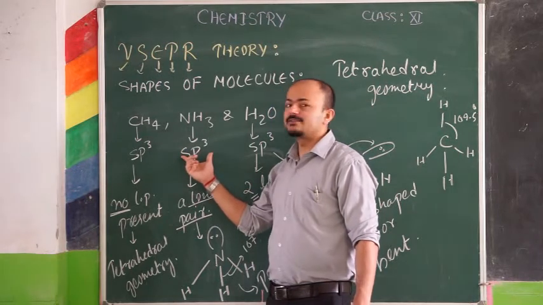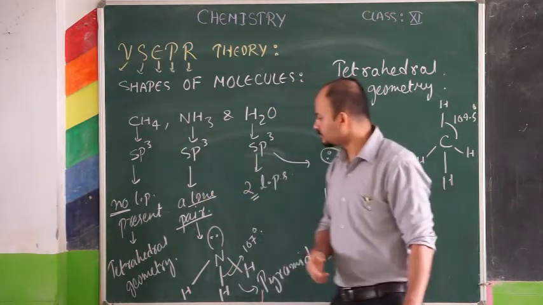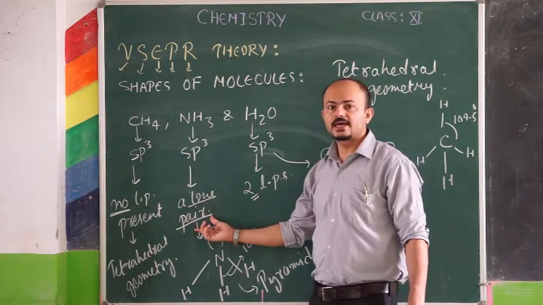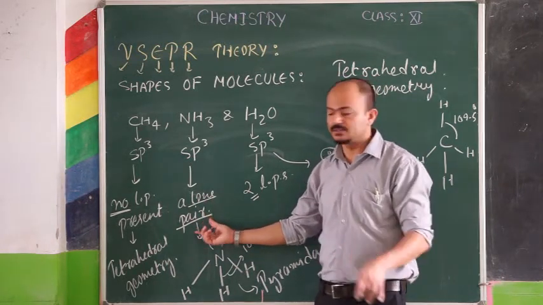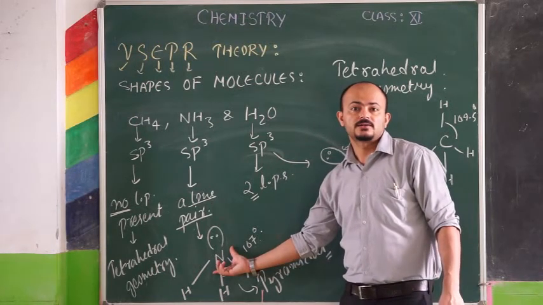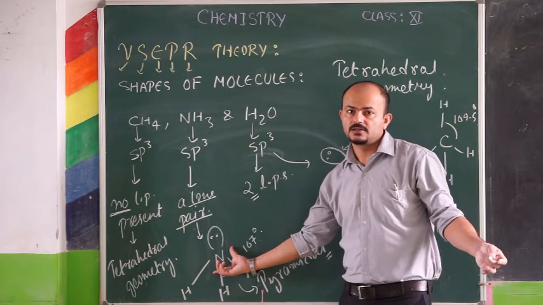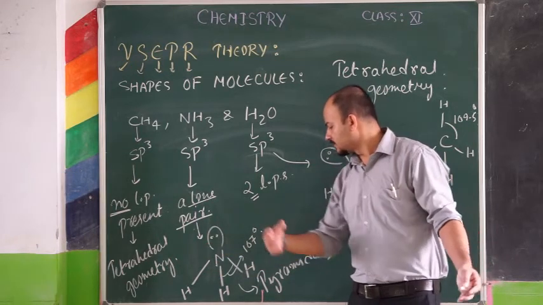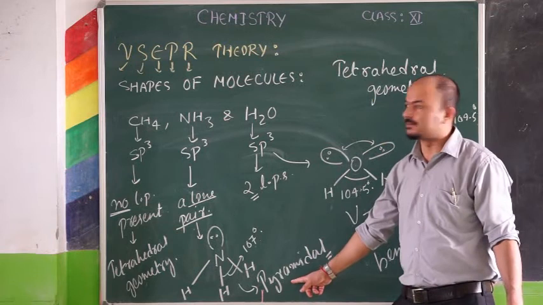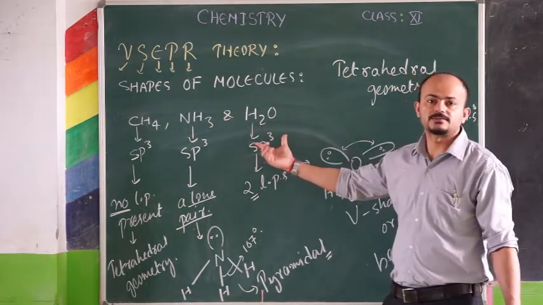Even though the hybridization of ammonia is sp3, a lone pair is present, and because of this lone pair it has deviated from its expected geometry, tetrahedral. Because of the lone pair, its geometry is pyramidal.